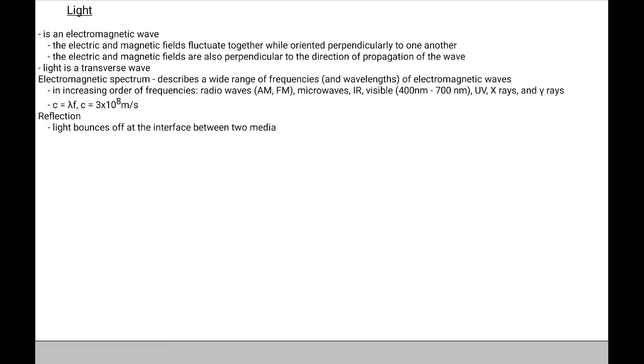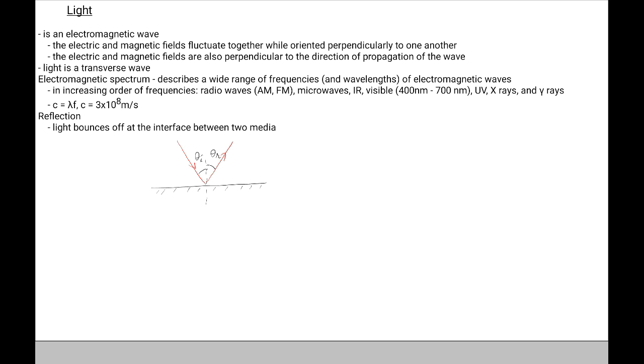All right, now one of the things that light does is it reflects. So it bounces off at the interface between two media. So let's say that we have a shiny surface here, and I'm going to draw hash marks on the back side of the surface. And if we have a light beam hitting that surface, it will bounce so that the angle of incidence is equal to the angle of reflection.